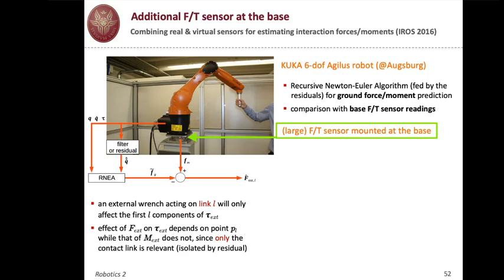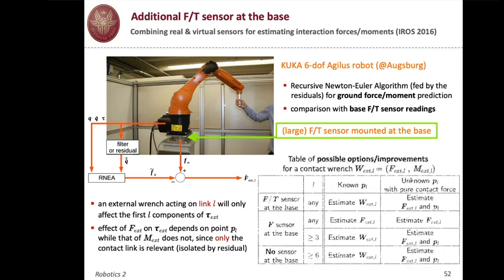Okay, this is rather obvious. But if you combine all this information together, we have this resulting table of whatever option you can have and how you can improve estimation if you have both a force-torque sensor at the base and some residual information.